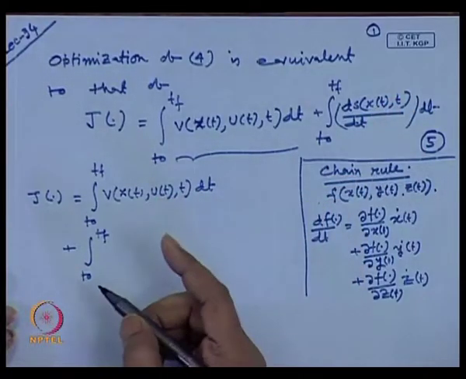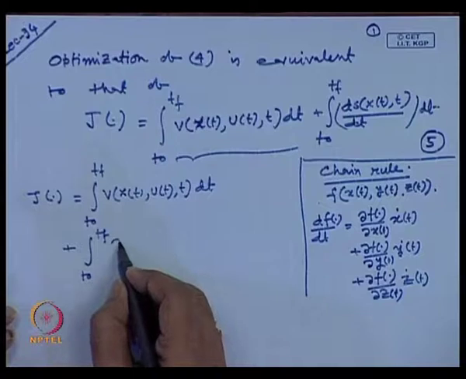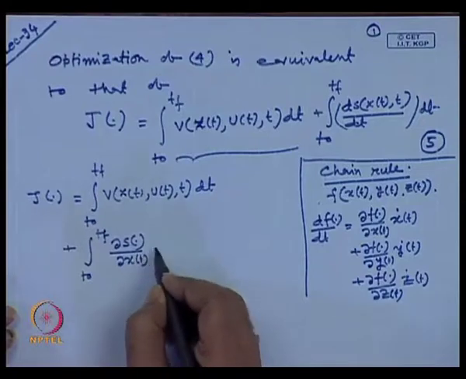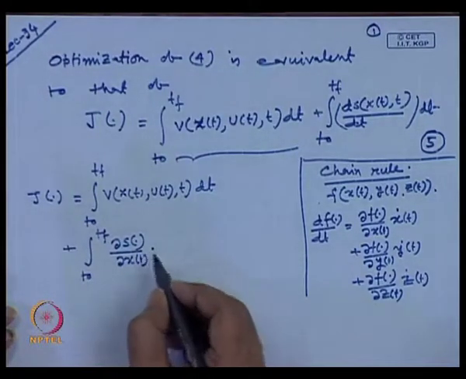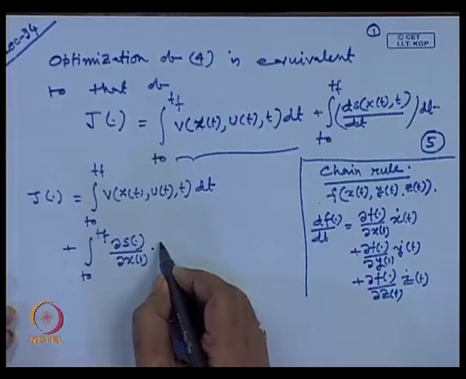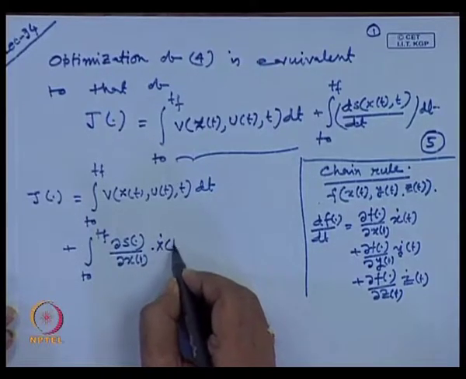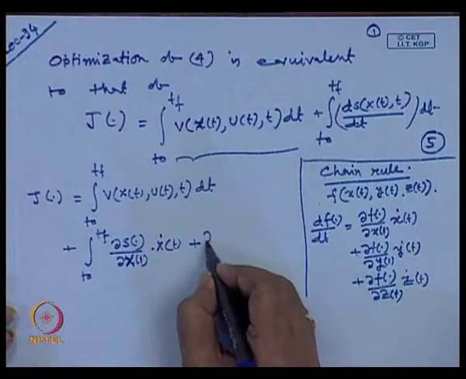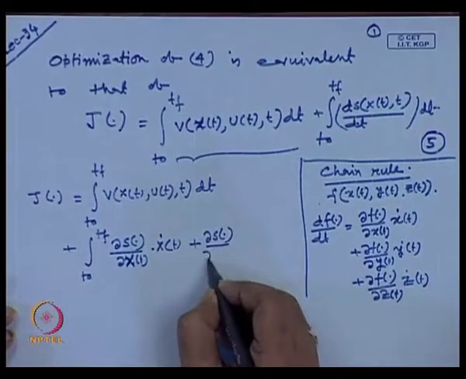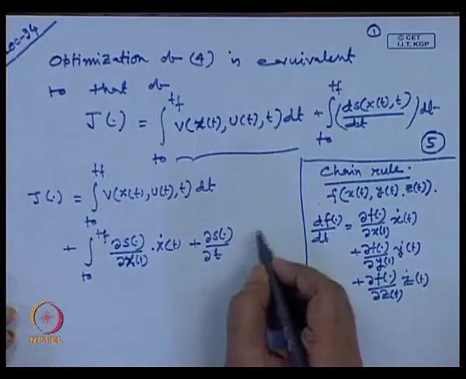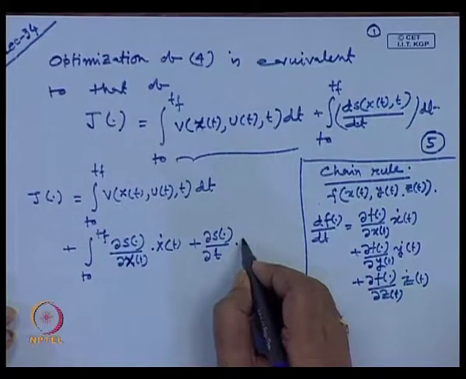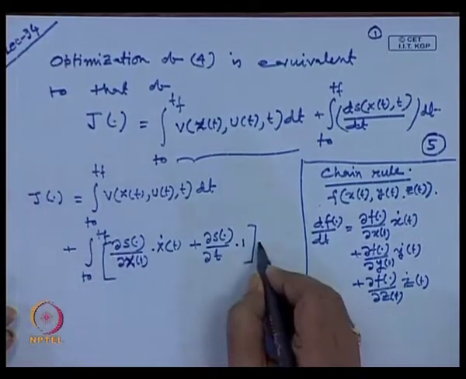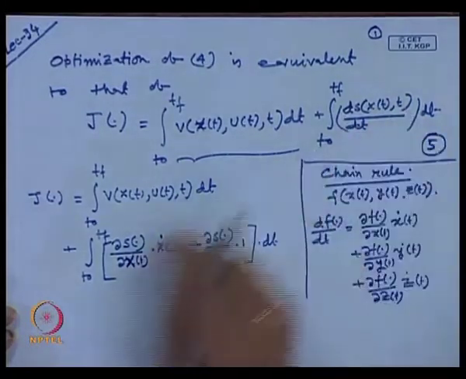So, we write del s del x (partial of s with respect to x) times x dot of t, this is capital X, plus del s del t, differentiating t with respect to time t, so that means it is 1, that whole thing into dt. So, for this portion we have written that.